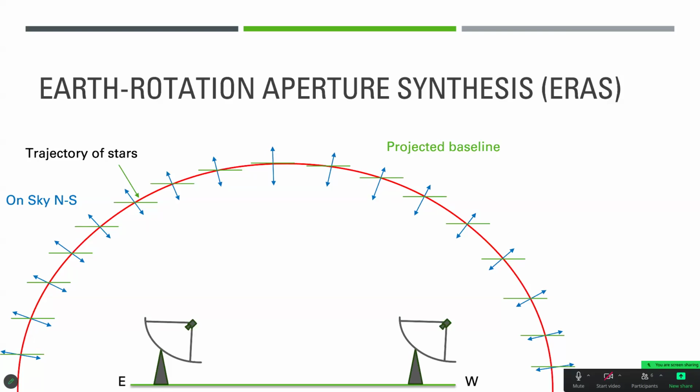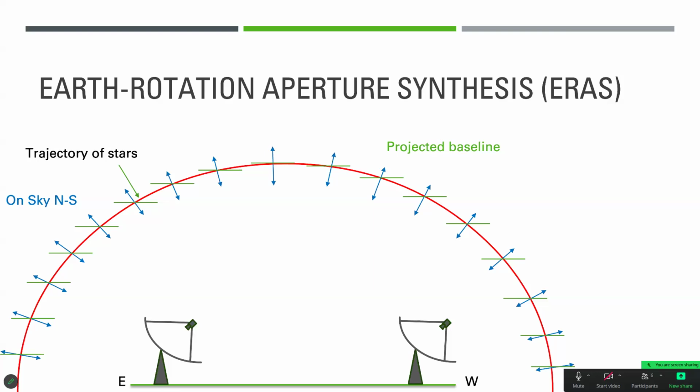So basically, if you would shine a flashlight underneath this line, that's the shadow it would cast at each of the stages. And as you track your target, you'll see that the orientation with respect to the sky changes. So the longer we wait, the more features we can sample. And that's what we call Earth rotation aperture synthesis. That's a fancy word for it. But that means by waiting longer, we can get more information, right?